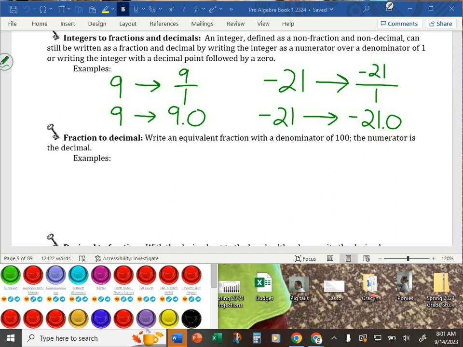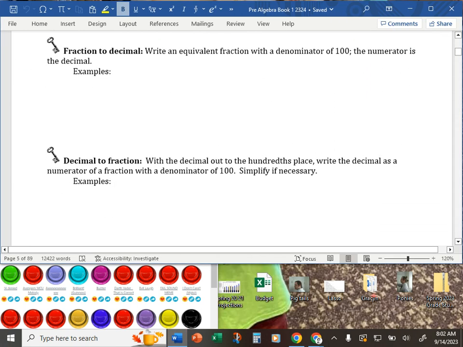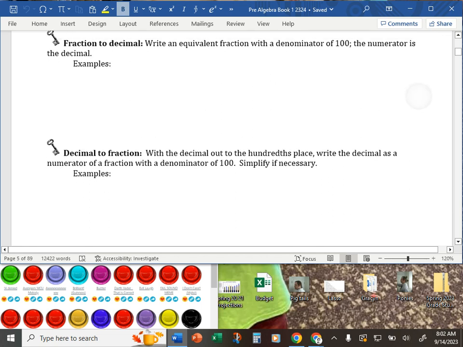And as a decimal, it's not written as a decimal to start with, .0. Okay? Question on that before we move on. All right, because now things start getting fun. Okay? Where we're going from a fraction to a decimal, or a decimal to a fraction.